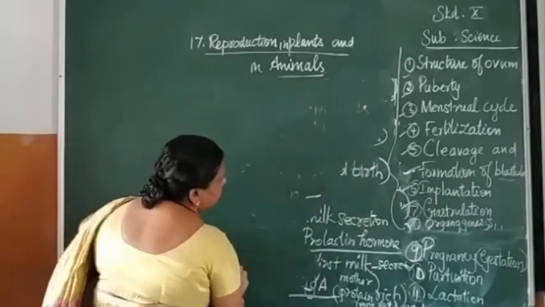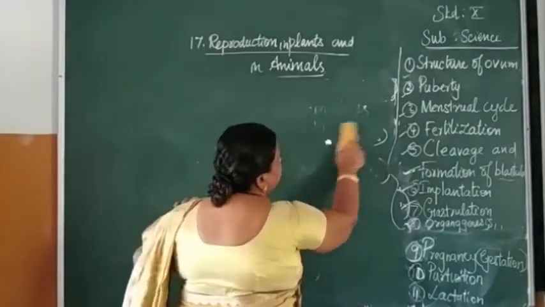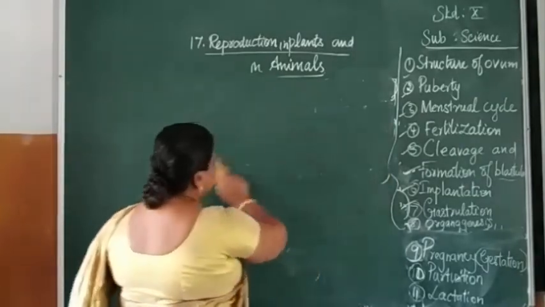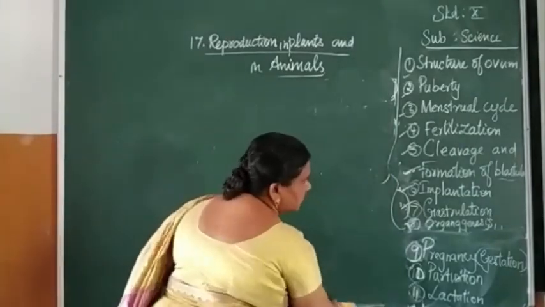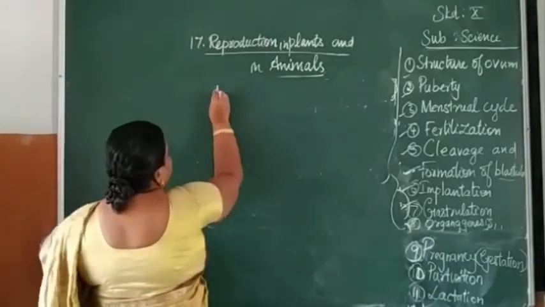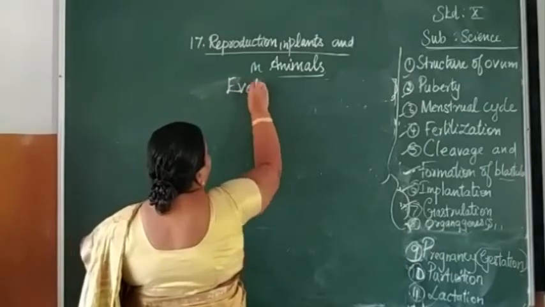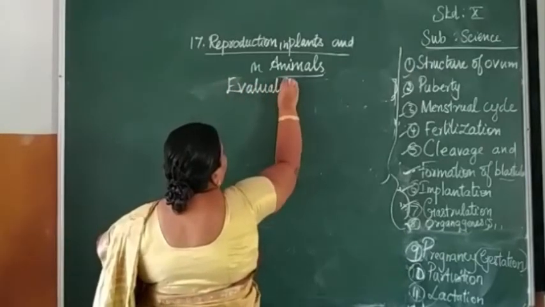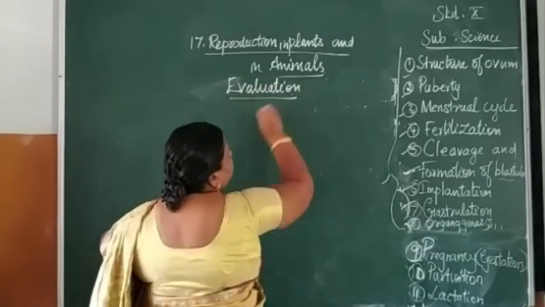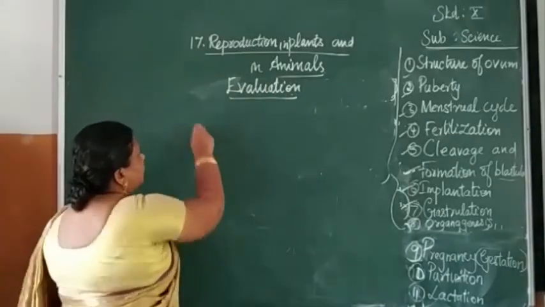What are the portions you have learned? You have to write the questions. Take the note and write these questions also. First question: draw and label the structure of ovum.